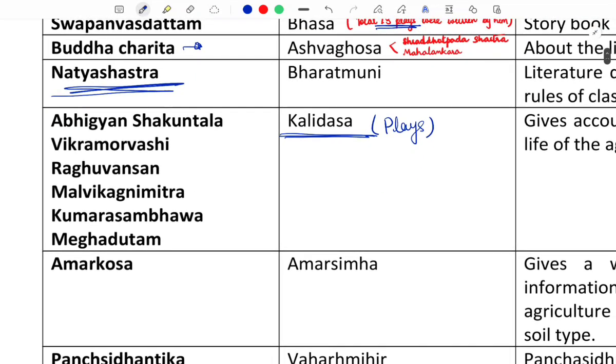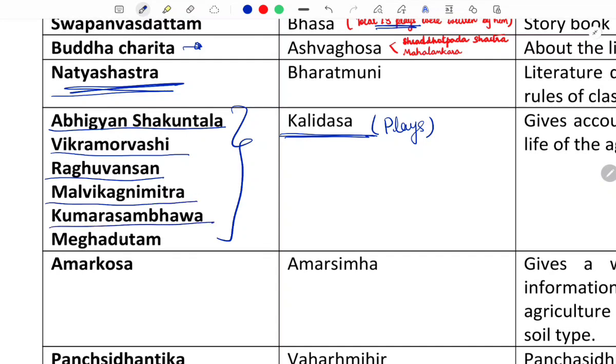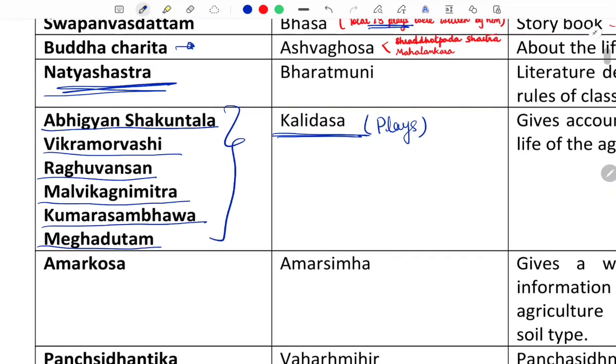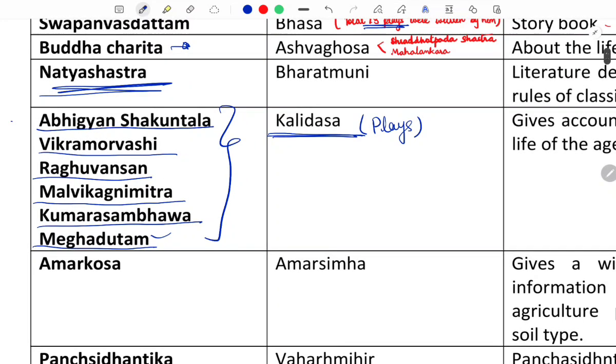Kalidas wrote several plays, dramas, and poetry also, but these six are very important for us. These six include Abhijnana Shakuntalam, Vikramorvashiyam, Raghuvansham, Malavikagnimitra, Kumarasambhava, and the last one is Meghdutam. Meghdutam and Abhijnana Shakuntalam were very famous at that time.